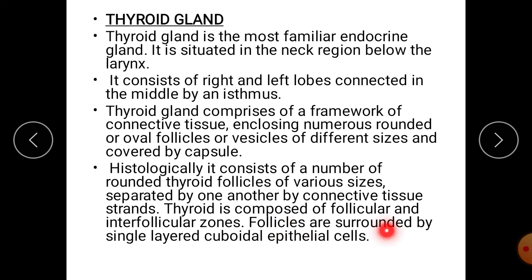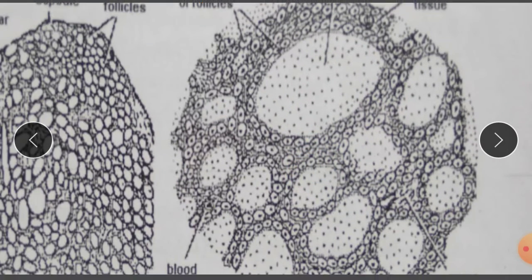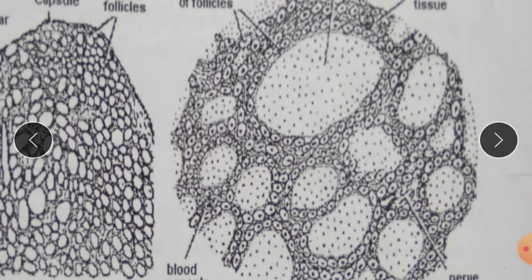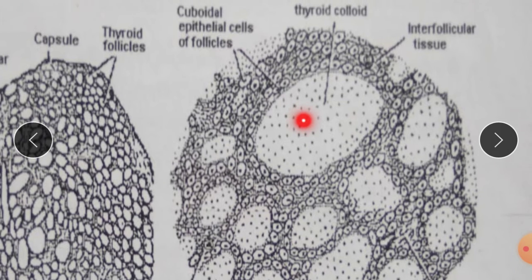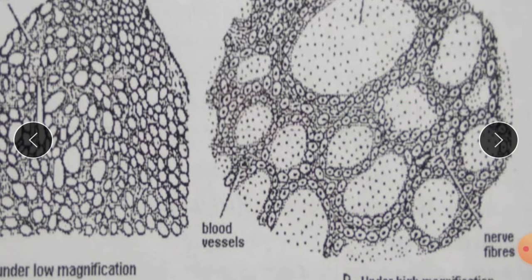Follicles are surrounded by single-layered cuboidal epithelial cells. So here cuboidal epithelial cells are there.